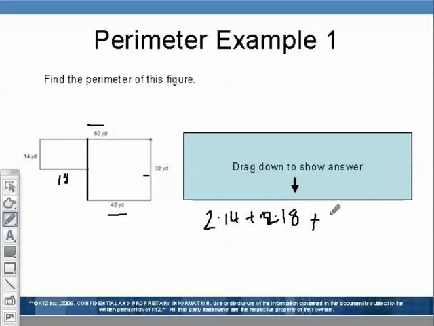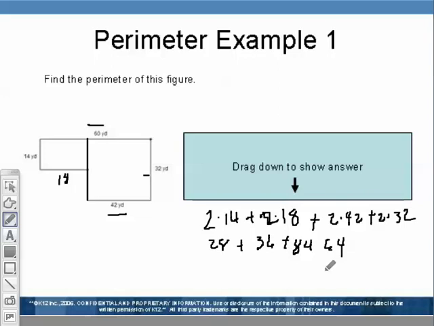Well, 2 times 14, that's 28. 2 times 18, that's 36. 2 times 42, that's 84. And 2 times 32, that's 64. Right?